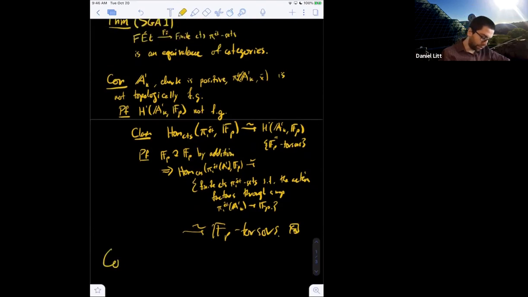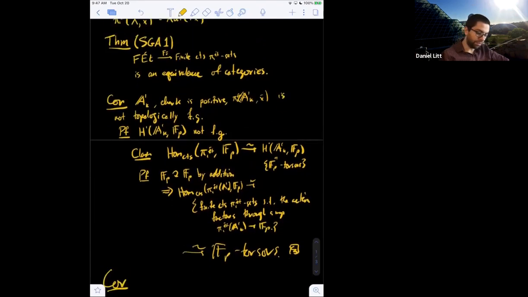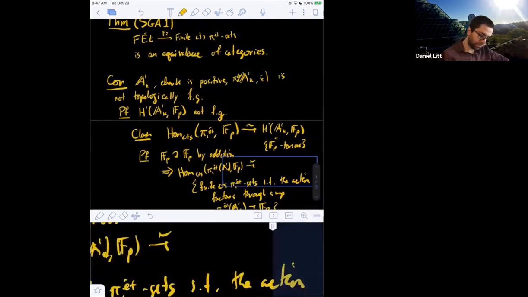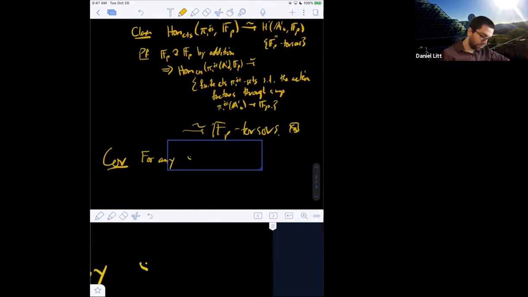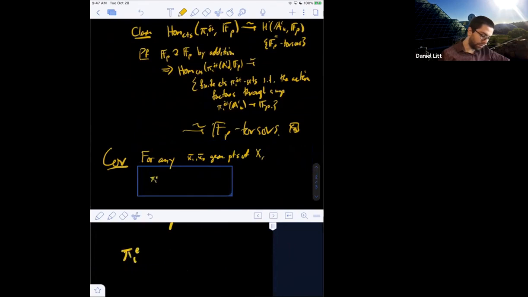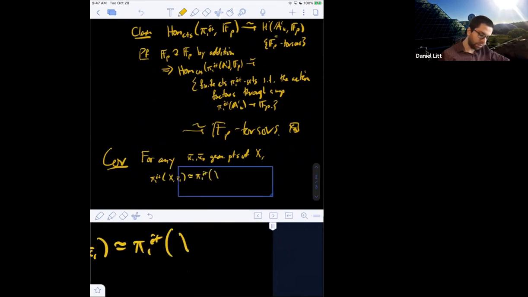We also have the following corollary, which I think answers Ollie's question. For any x1 bar and x2 bar geometric points of X, pi1 étale at x1 bar is isomorphic to pi1 étale at x2 bar.